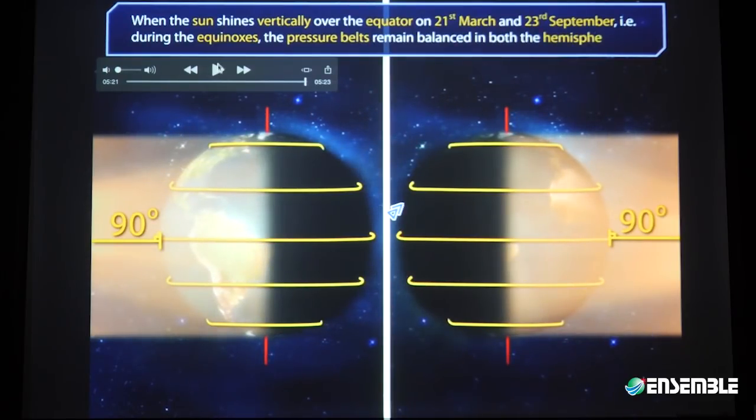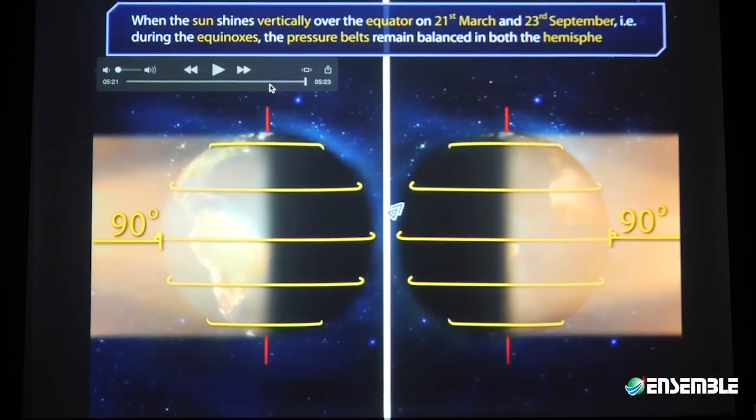And when the sun shines vertically over the equator on 21st of March and 23rd of September, the pressure belts remain balanced in both the cases. What we talked about was how the pressure belts shift, and what the implications of this shift are. The shift has been shown to you in an animated form.